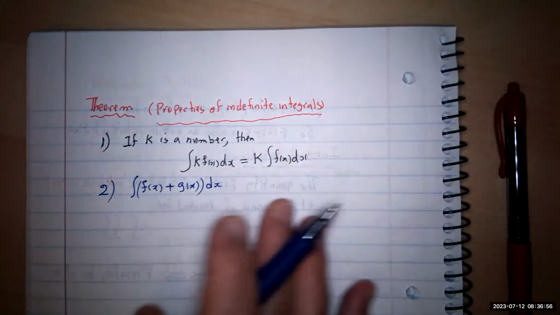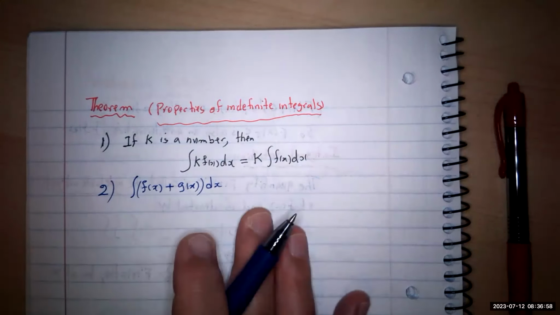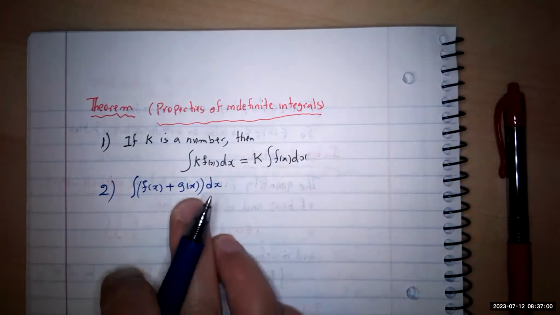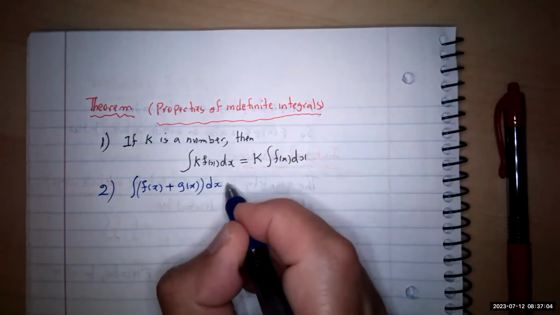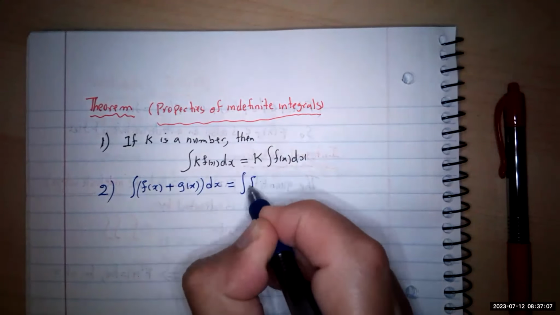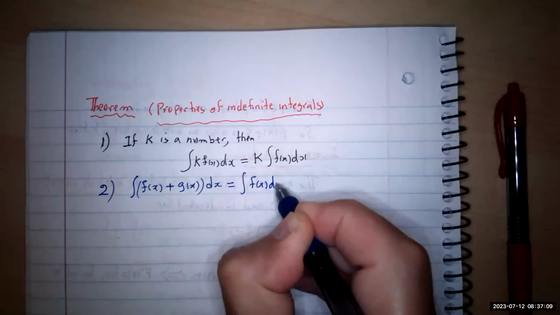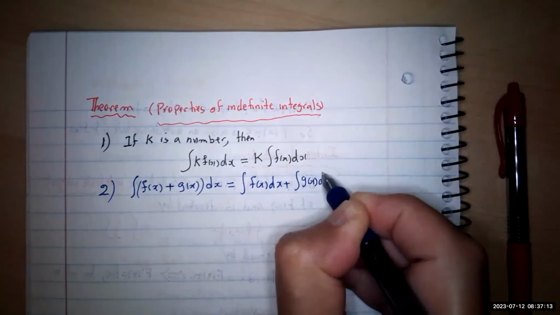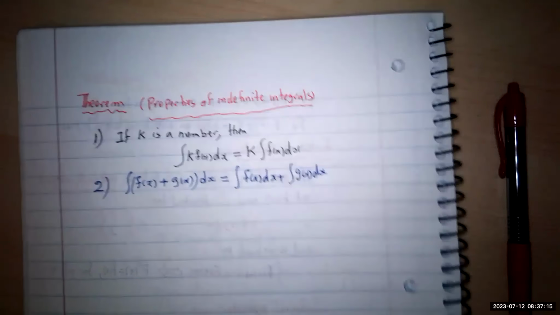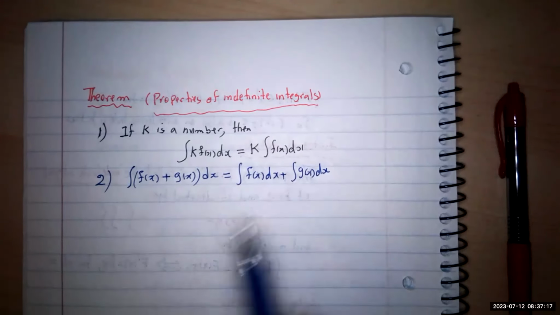For the limit, we distribute it. For the derivative, we distribute it. We get the derivative of the first one plus the derivative of the second one. So it's the same for the antiderivative. It's going to be the integral of the first one plus the integral of the second one. That will help us to integrate polynomials. And it's clear because it's true for the derivative.